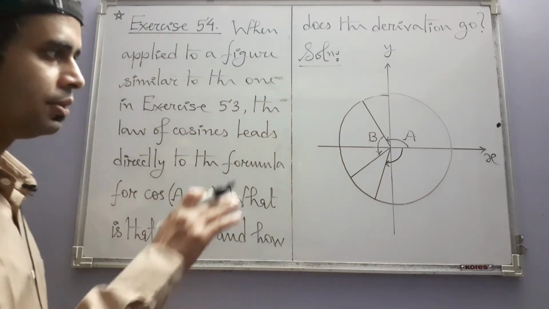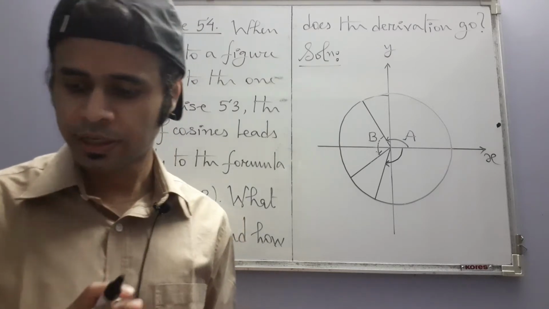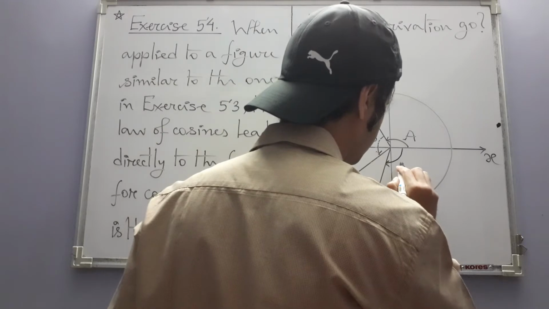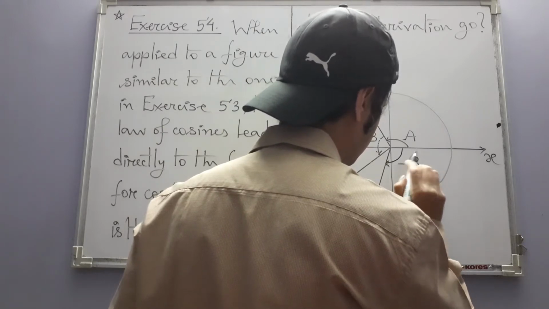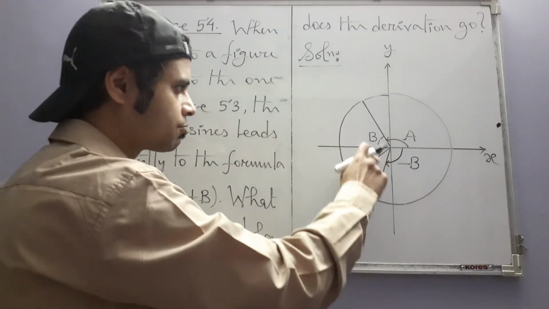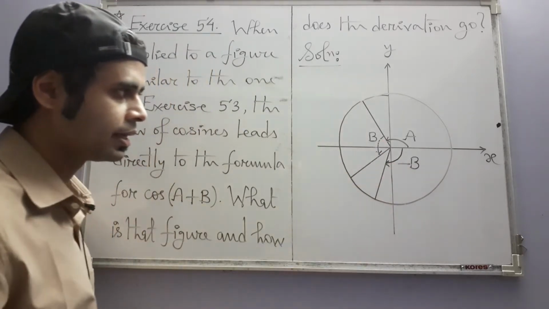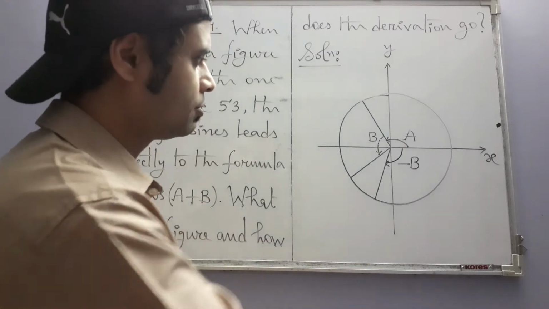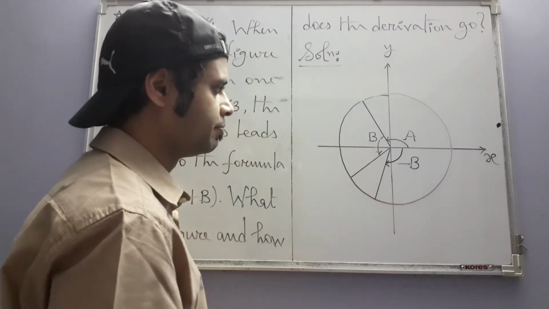And now this new angle we have taken to be equal to minus B. Because this was positive rotation, this is negative rotation. But the magnitude is same. The magnitude is equal to B.